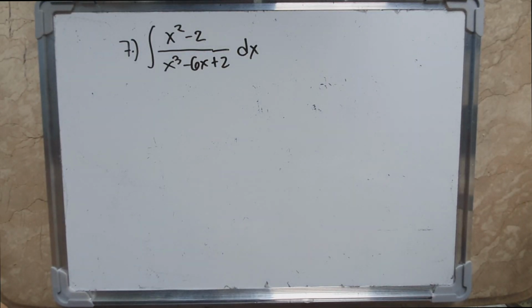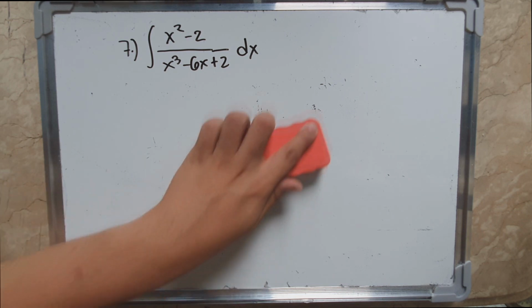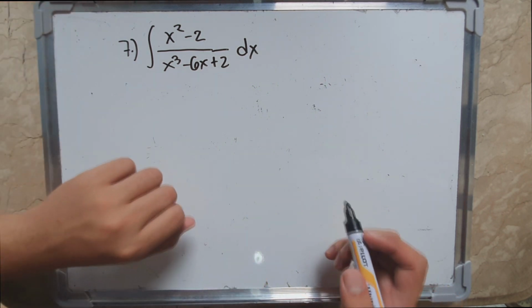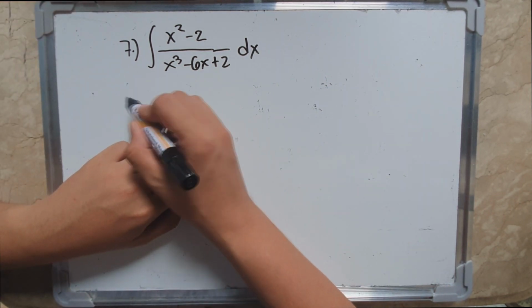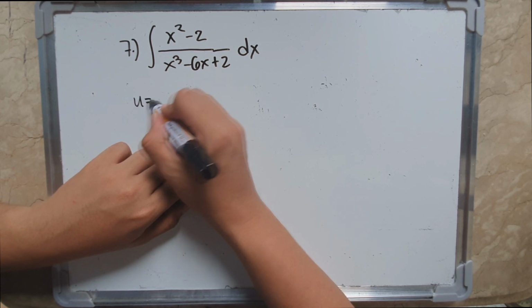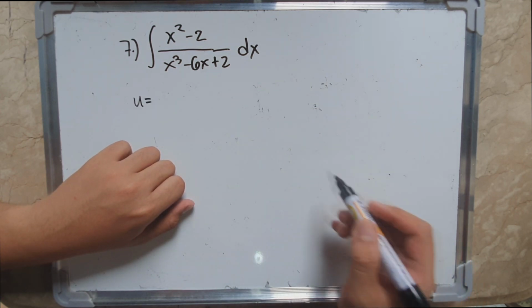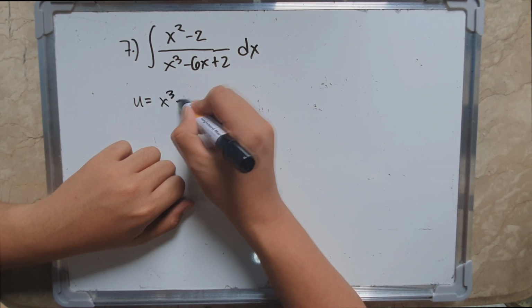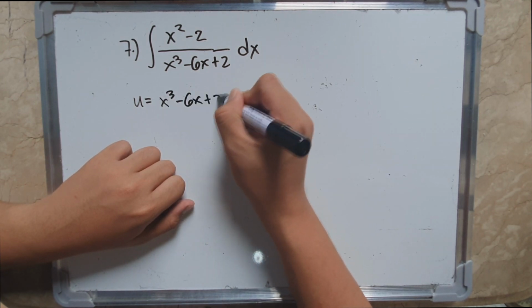Okay, now for number 7, let's have the integral of x squared minus 2 over x cubed minus 6x plus 2 dx. Let's try to check the relationship between the numerator and denominator. For the denominator, let's choose this one as our u, x cubed minus 6x plus 2.